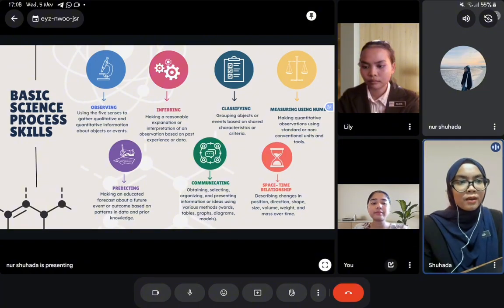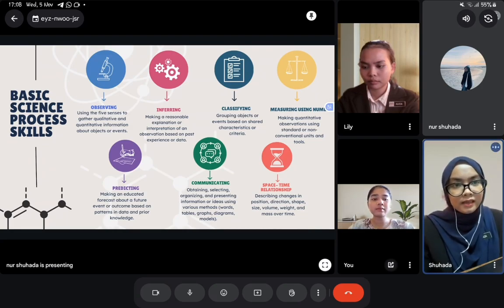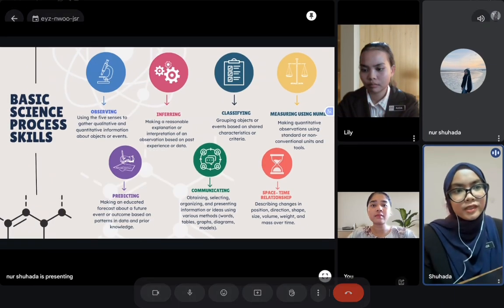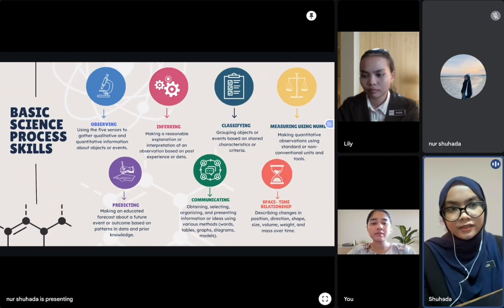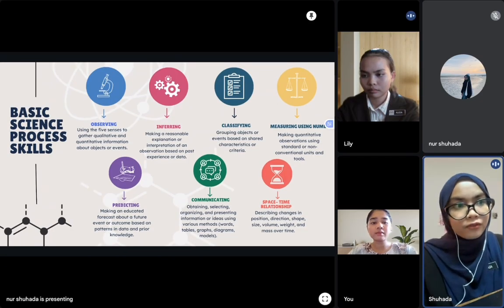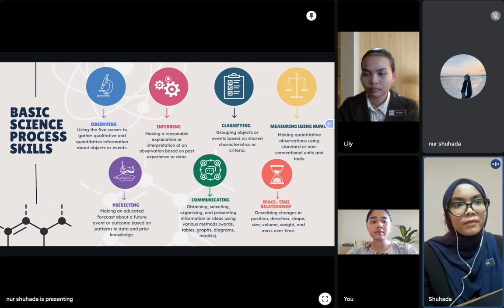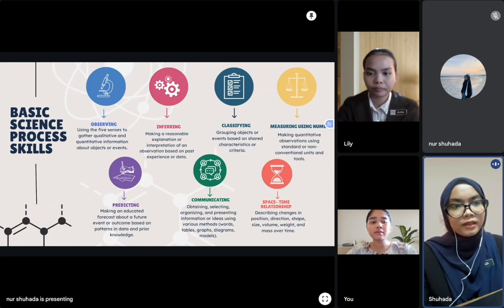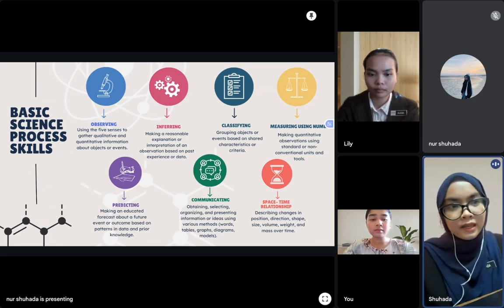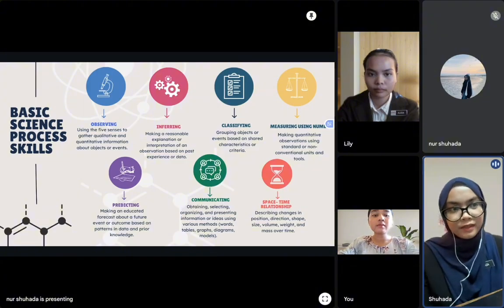Next, measuring using numbers. It means determining the quantity, size, length, mass, temperature, time, or volume of something using standard units and instruments. It involves using numbers and measurement tools accurately to collect data in an experiment.